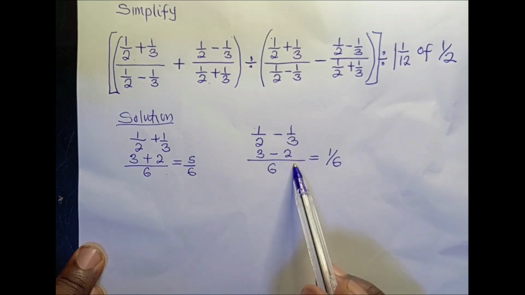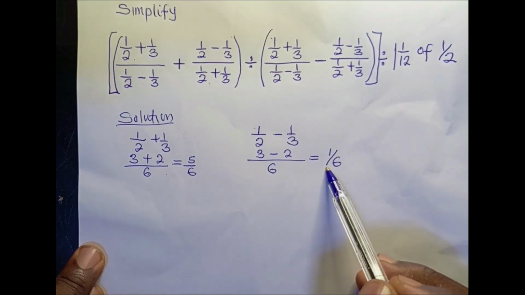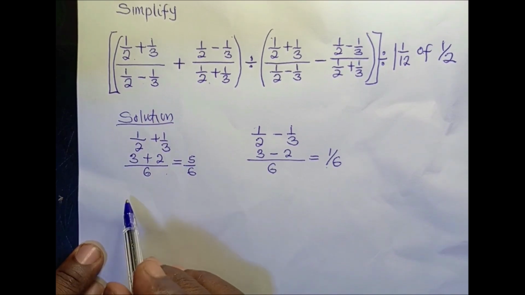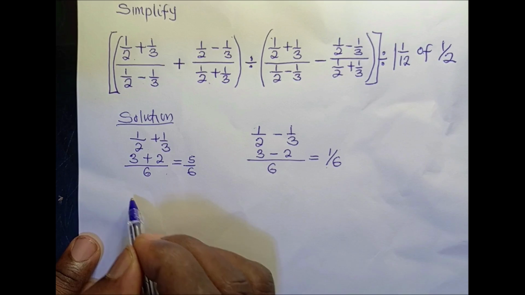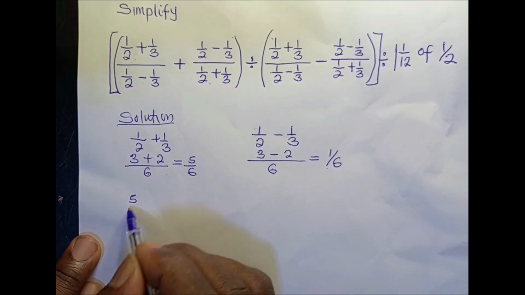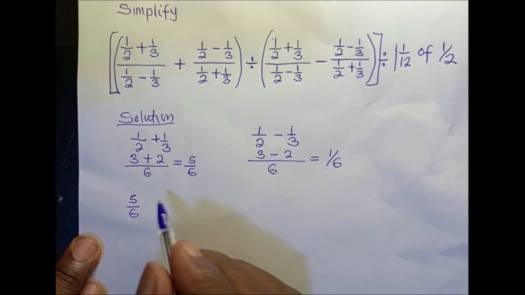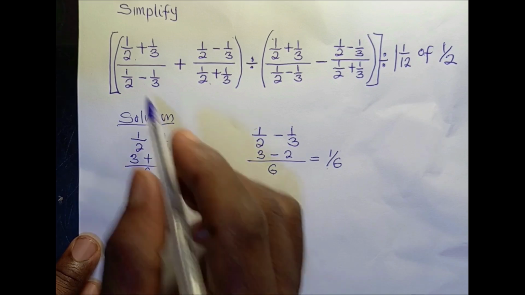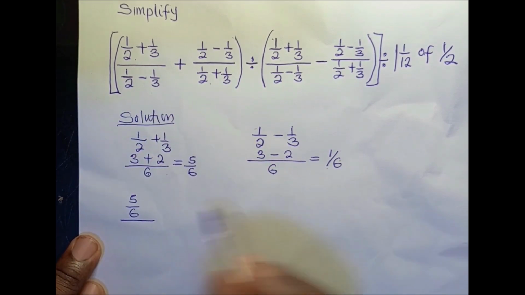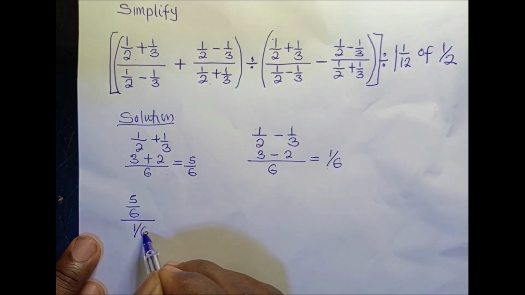When we see it subtracting, we have 1 over what? 6. So now let's write this fraction. We can rewrite this one as 5 over 6, that is for this, divided by 1 over 2 minus 1 over 3, which gives 1 over 6. So that's 1 over 6.